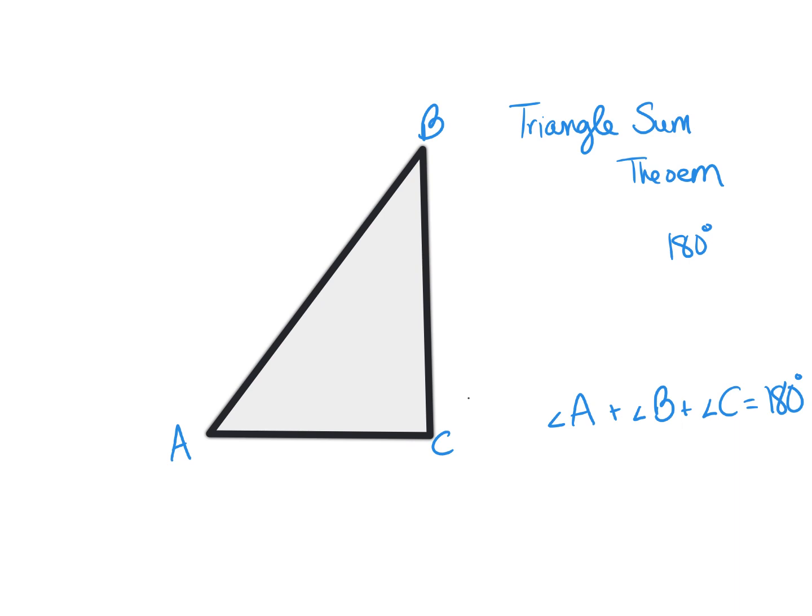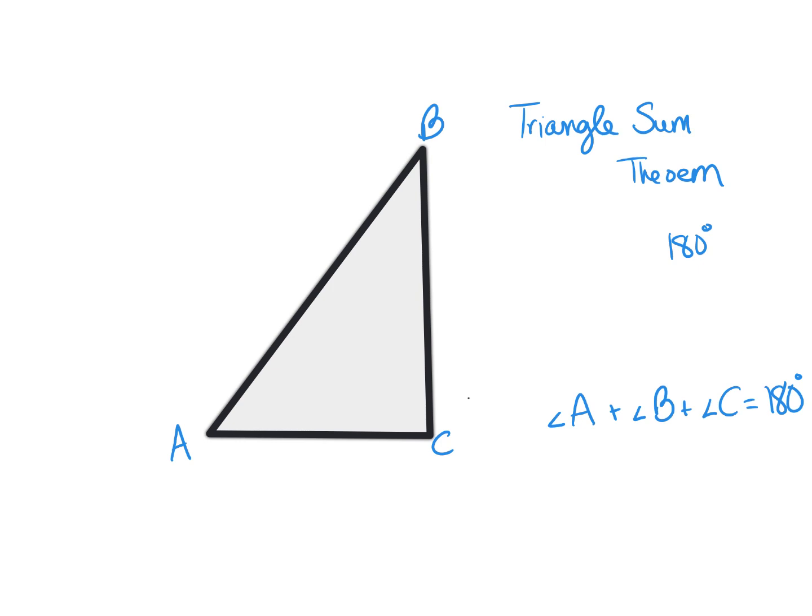Now, I'm going to explain why every triangle has 180 degrees. I'm not going to test you on why a triangle has 180 degrees, but I want to show you because it might help you remember and understand the concept better.